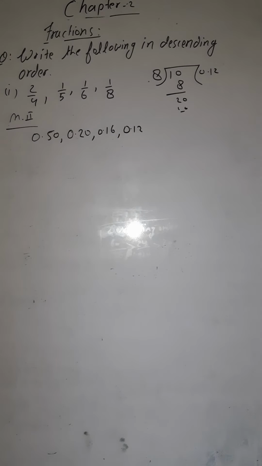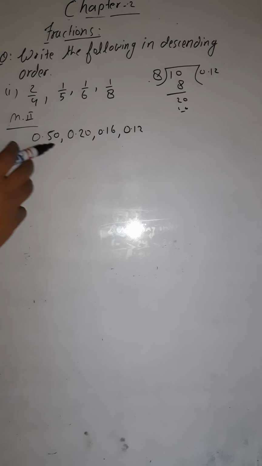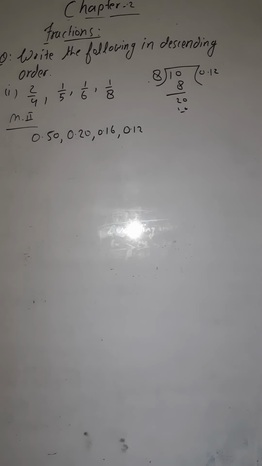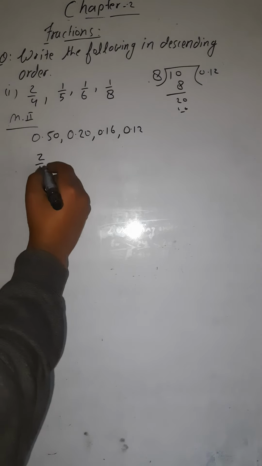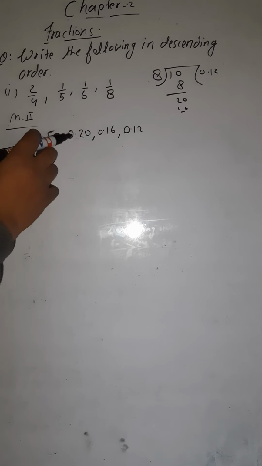Now can you tell me which fraction is greatest here? Yes, here 0.50, here 0.20, 0.16, 0.12. I think 0.50 is the biggest one. So 0.50 is which fraction? 2 by 4. So 2 by 4 is biggest. Then after 0.50, which one is there? Yes, 0.20.